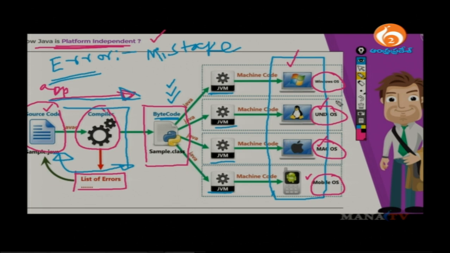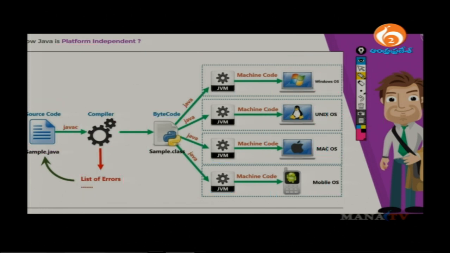Now let me revise this once again. What does platform independence mean with Java programming? First we have the Java source code, which is compiled by the Java compiler with the javac command. Once compiled, it generates bytecode.